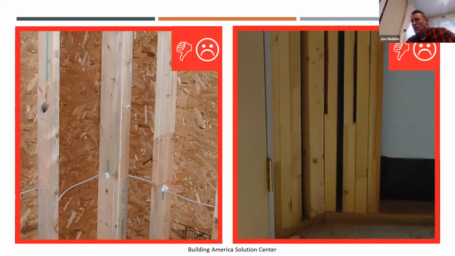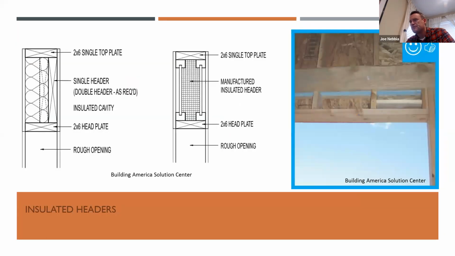Here's an example on the left where they've done a corner that can't be insulated, that wouldn't be compliant. On the right, again, there's kind of an odd corner there. It's not a square corner, but it still can't be insulated. And so we've got an uninsulated corner. It's a mandatory requirement, and that home would not comply with the energy code.